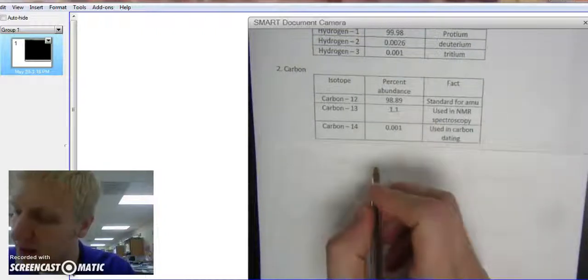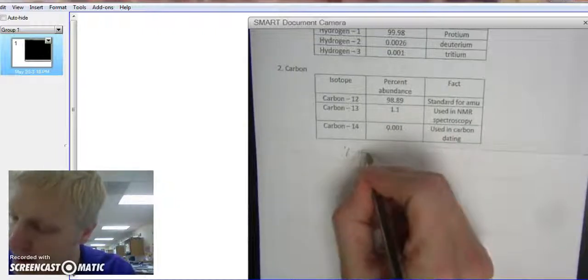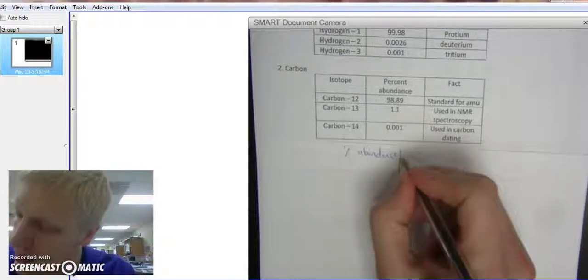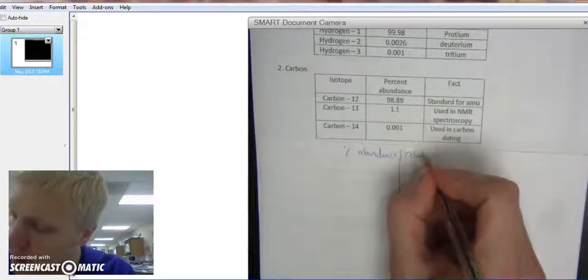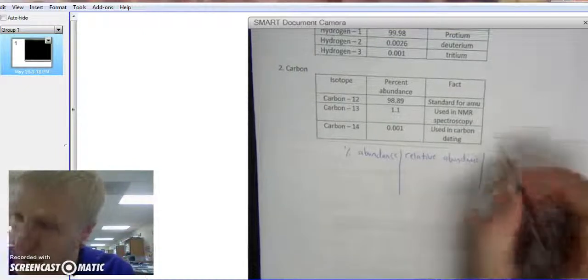We have all these percent abundances, so I'm going to make a little chart. We're going to have percent abundance, relative abundance, and relative weight.